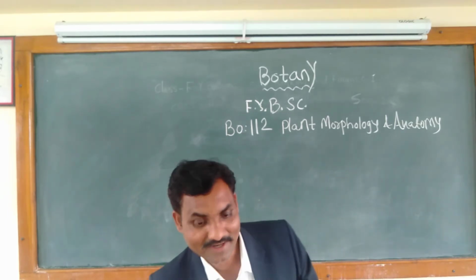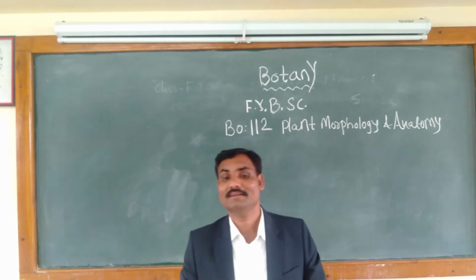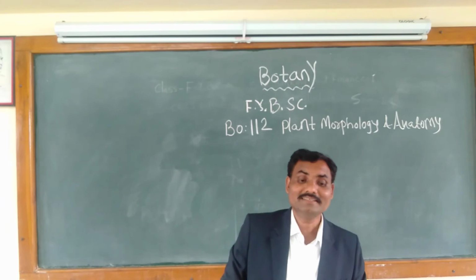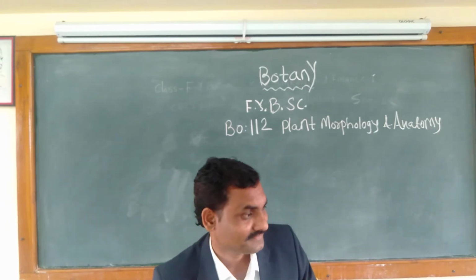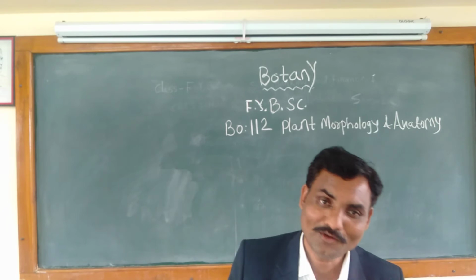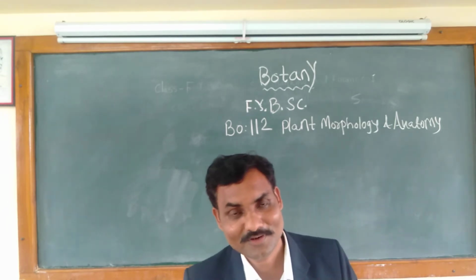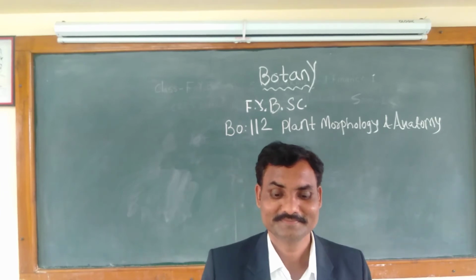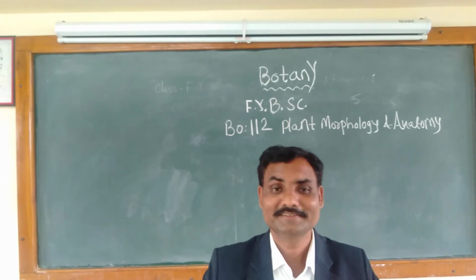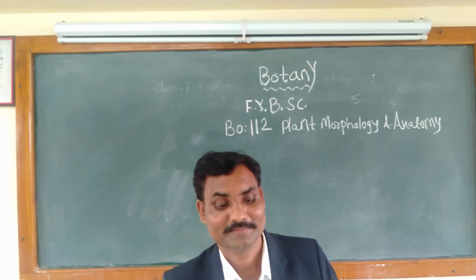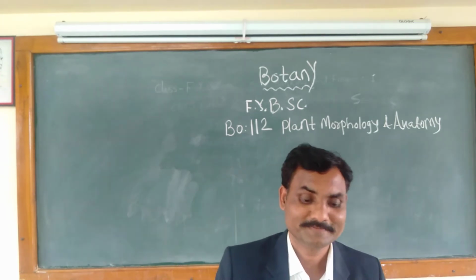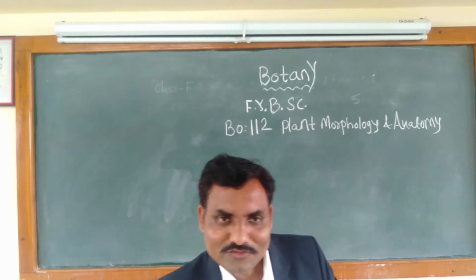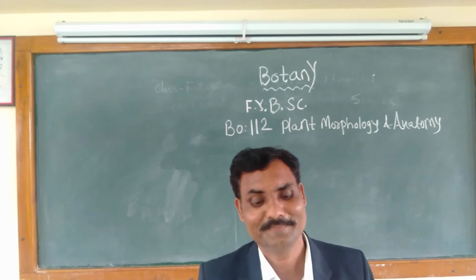In that, introduction of flower, definition of flower. Then which are different parts of a typical flower. We have studied this from childhood, from class 9, and we are going to learn about the flowers. Then what is bract, what is pedicel, what is thalamus, then which are the different forms of the thalamus that are also included in our syllabus for study.